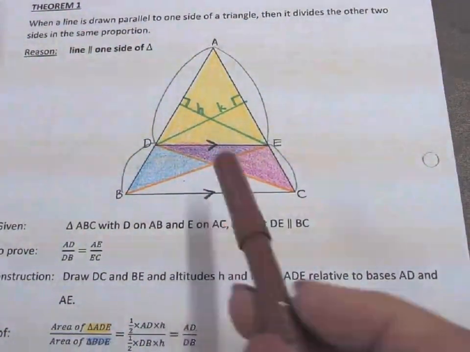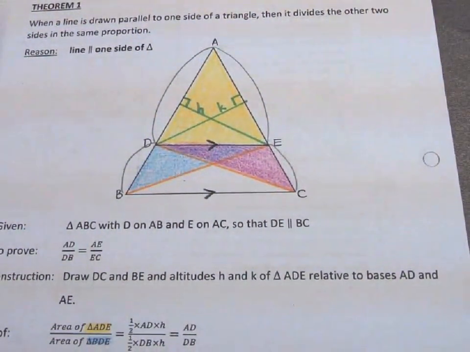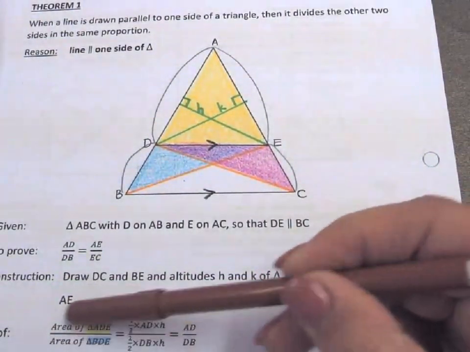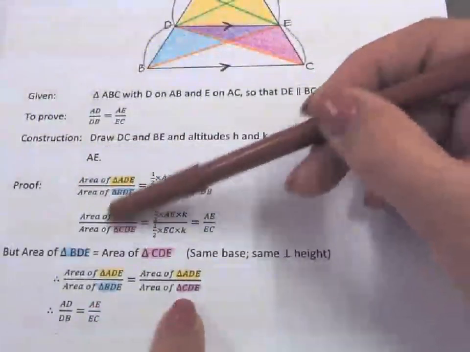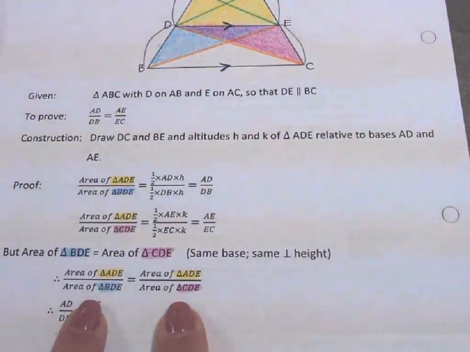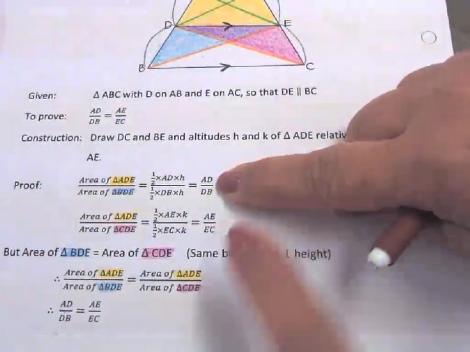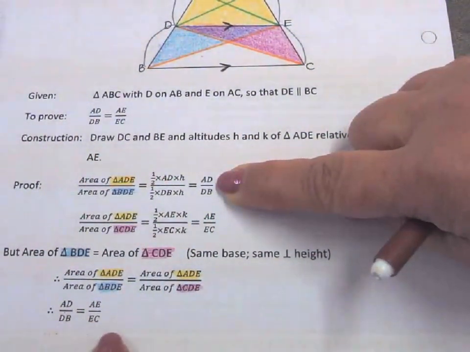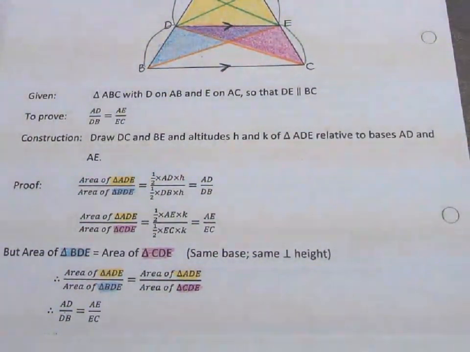So the reason for this area to be equal to that area is they have the same base and the same perpendicular height. Therefore, this area, yellow over blue, equals yellow over pink. So those areas are the same. Therefore, if those two areas are the same, it means that these two fractions are the same, or the same proportions are the same. Okay, and that's what you have to prove.